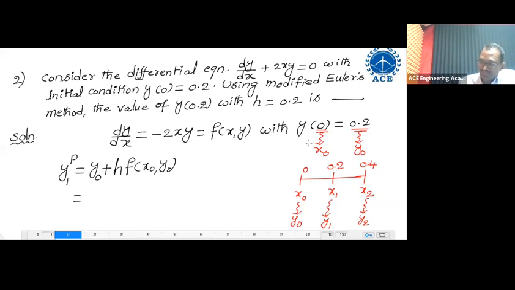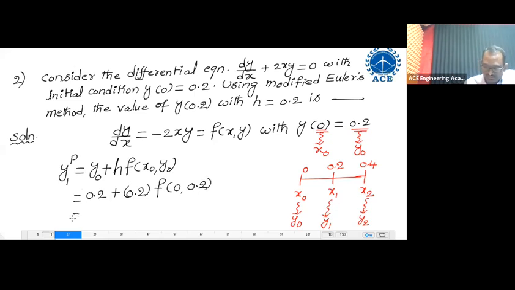Initial condition always y of x0 is equal to y0. So y0 value 0.2, h value also 0.2, f of x0, x0 value 0, y0 value 0.2.